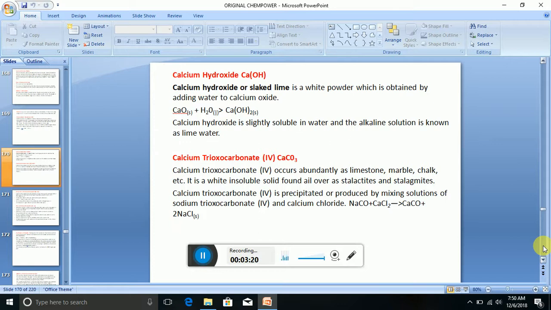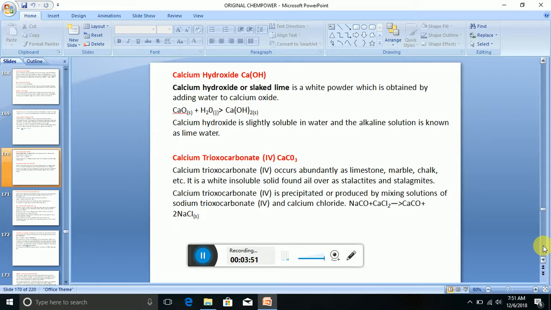Another compound of calcium is calcium trioxocarbonate(IV), CaCO3. Calcium trioxocarbonate(IV) occurs abundantly as limestone, marble, chalk, etc. It is a white insoluble solid found as stalactites and stalagmites.